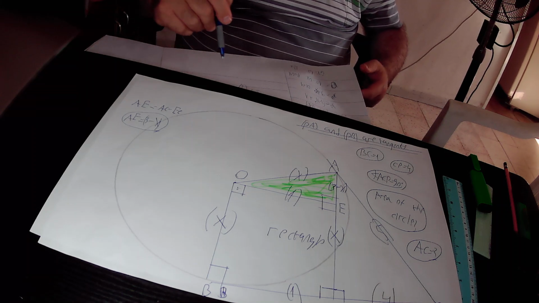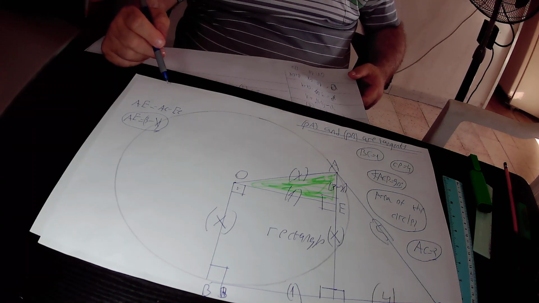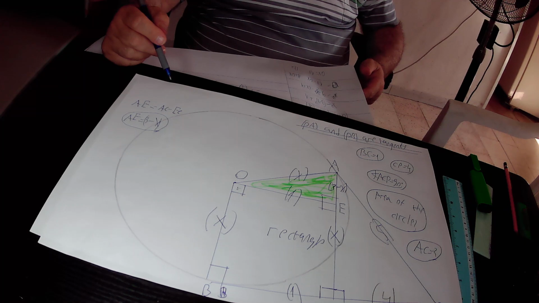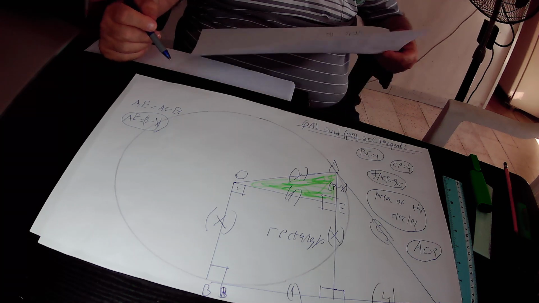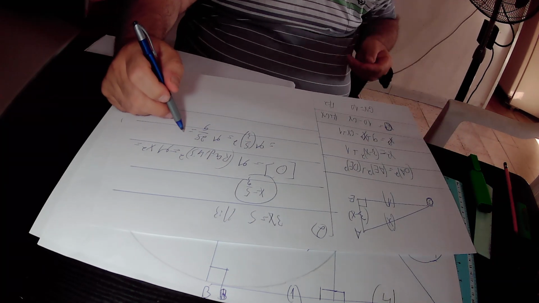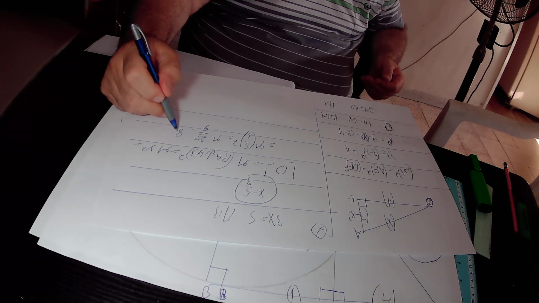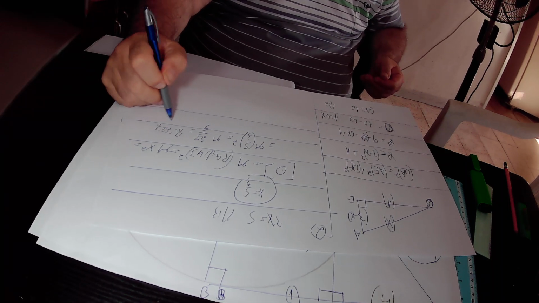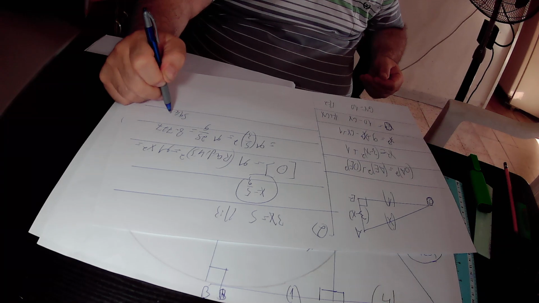So in terms of numbers, the area of this circle equals 8.727 square units.